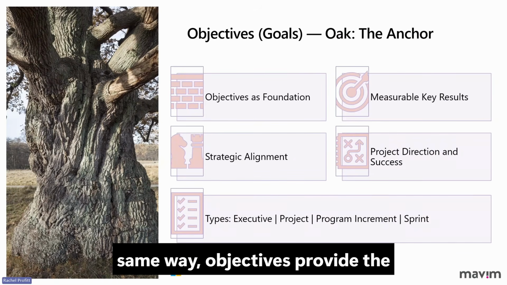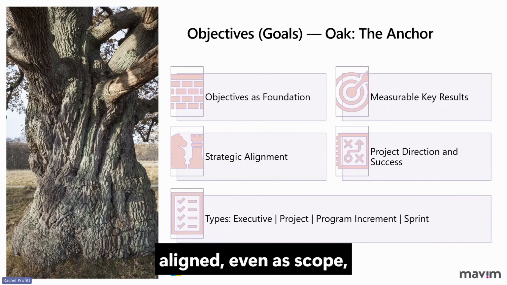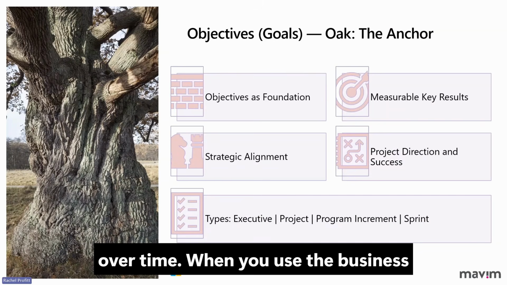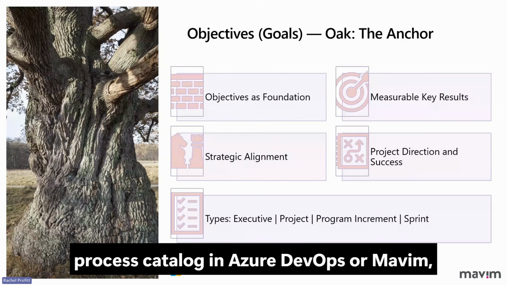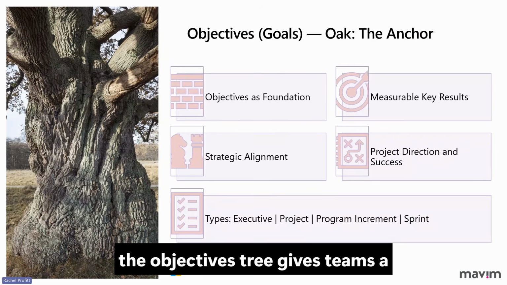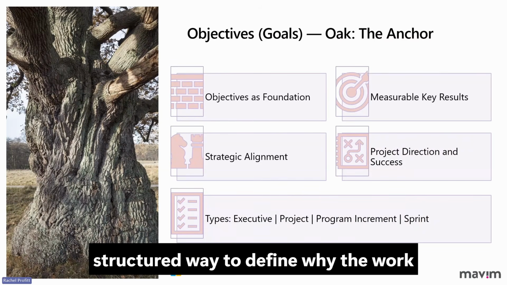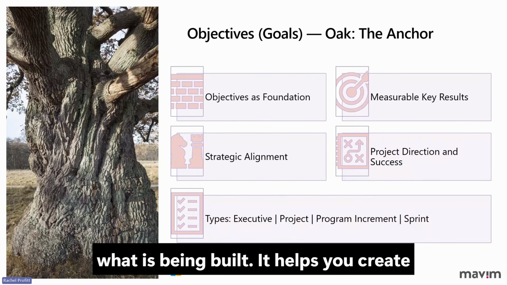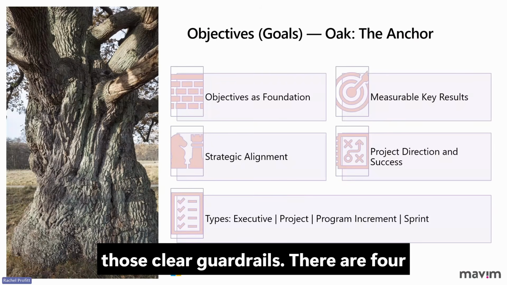And in the same way, objectives provide the stability that keeps your delivery aligned even as scope, timelines, and solutions evolve over time. When you use the business process catalog in Azure DevOps or Mavim, the objectives tree gives teams a structured way to define why the work matters that you're doing, not just what is being built. It helps you create those clear guardrails.